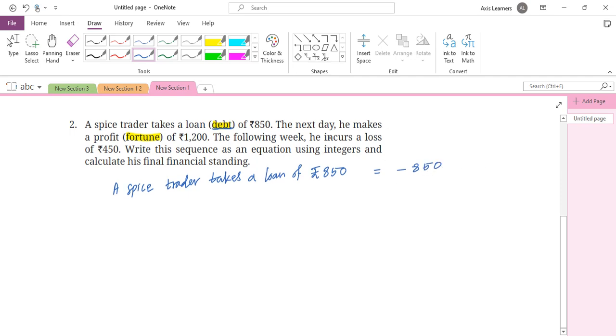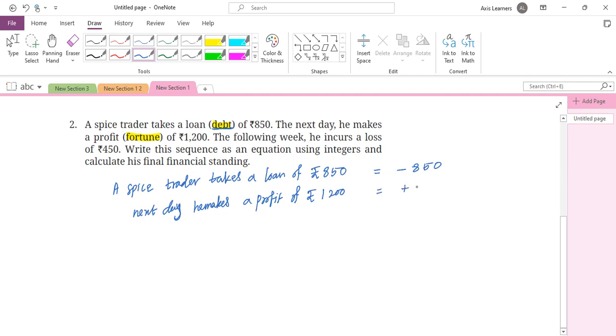Next, the next day he makes a profit of rupees 1200.